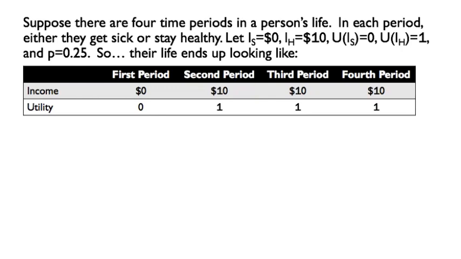And then in 3 out of the 4 periods of their life, we would expect them to have an income of $10 because they have a 75% chance of staying healthy. So for 75% of their life, or 3 periods, they're going to be healthy. In those 3 periods where health is realized, income would be $10 in each of those periods, and accordingly, utility in each of those periods would be 1.